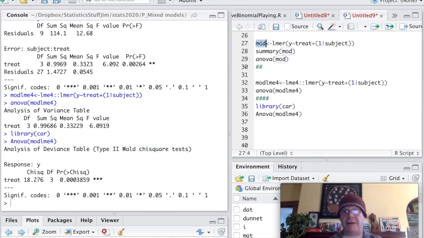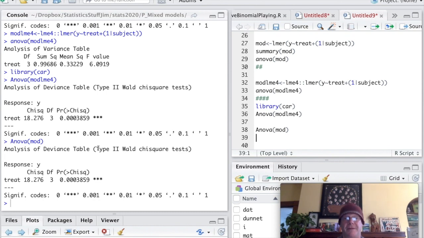And we could likewise take our object that was made in lmerTest, and we would get the exact same answer. So the capital A Anova doesn't care whether or not you use lmerTest or whether or not you use lme4 when putting together a mixed model.